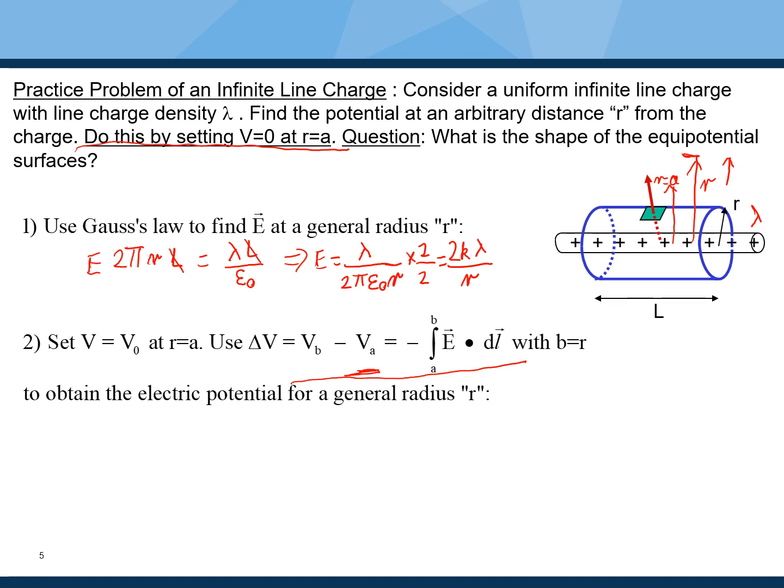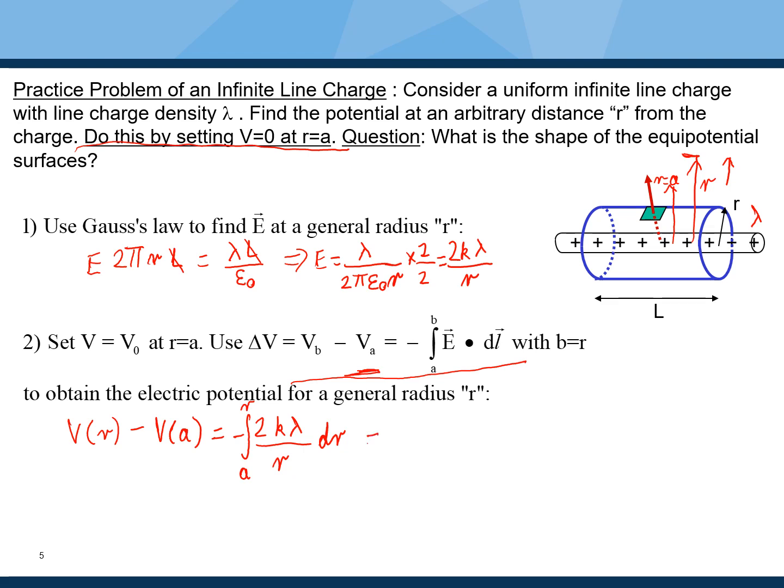So now we can write V(r) minus V(a) as being equal to minus the integral of 2kλ divided by r times dr, and this has to be integrated from a, where the reference potential has been given, to r.